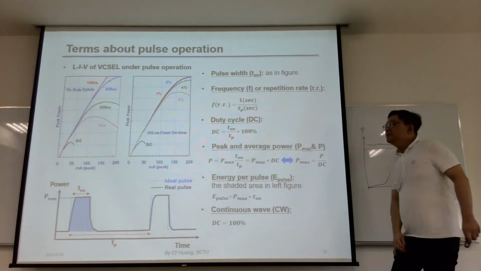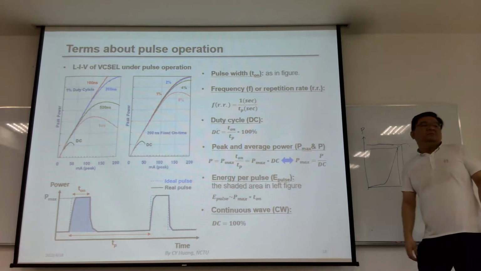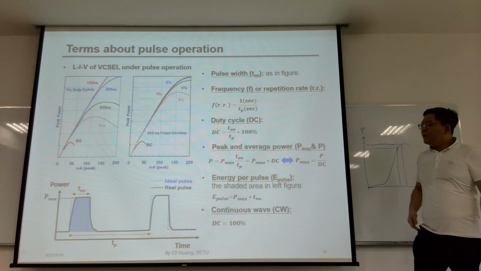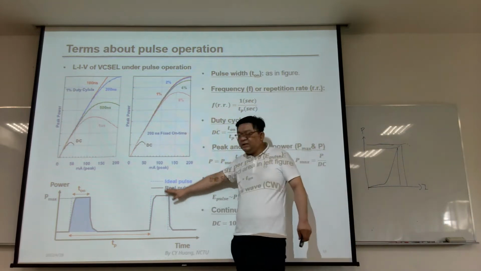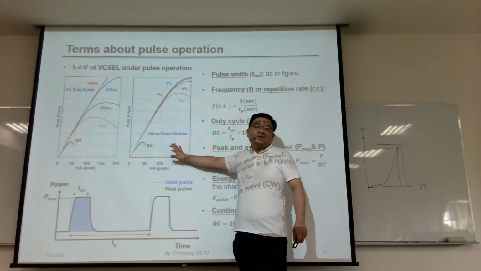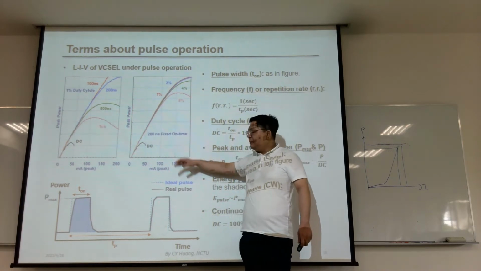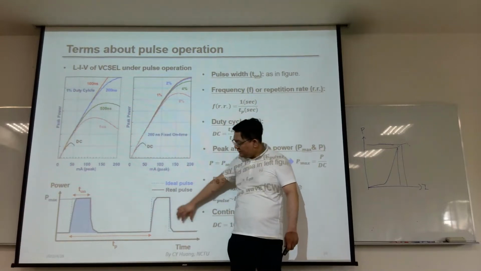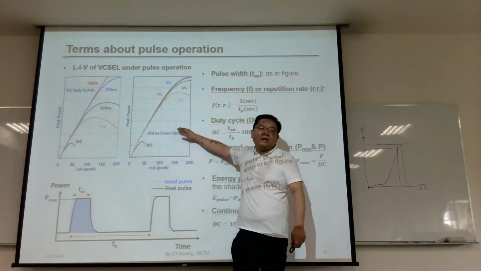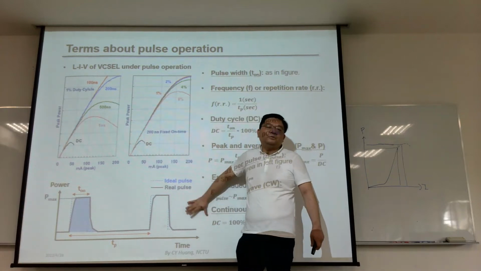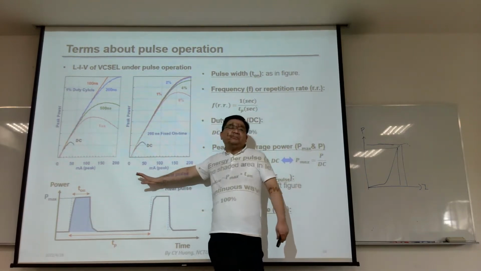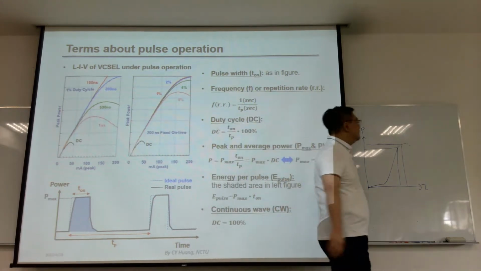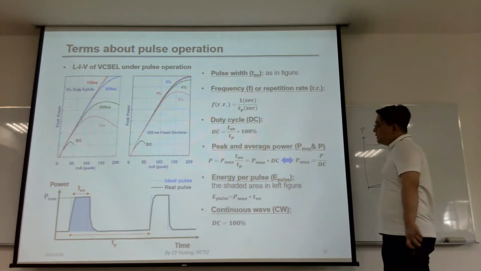You might see the DC as 0.1% or something, because you want a high intensity at a specific time to get a stronger excitation, but you don't want to burn your device. So it only gives a very short on time and lets it cool for the rest, probably 99% of the time, so the lifetime of your laser will be longer.